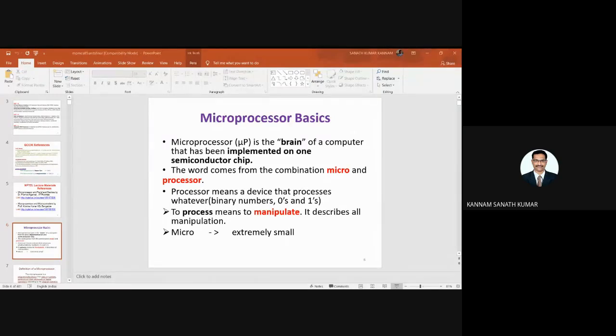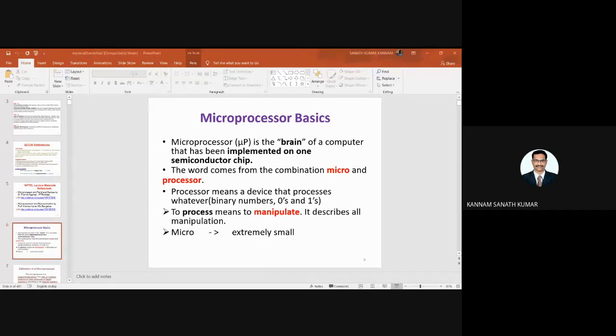This is one more definition. Microprocessor is multi-programmable, meaning it will do multiple operations. Clock driven means you should give some clock to the microprocessor.